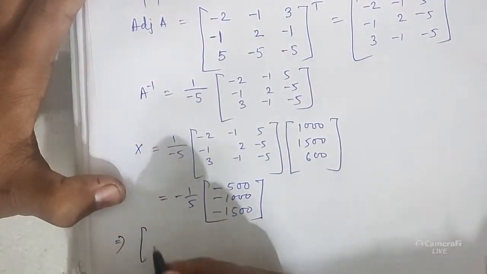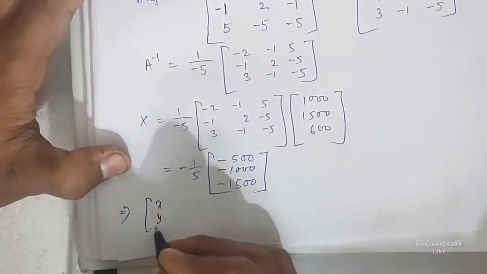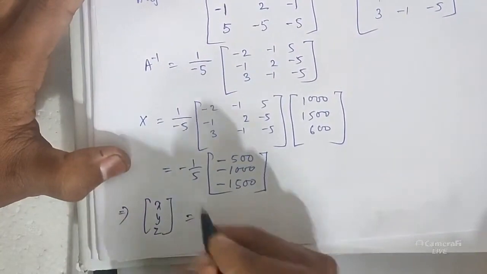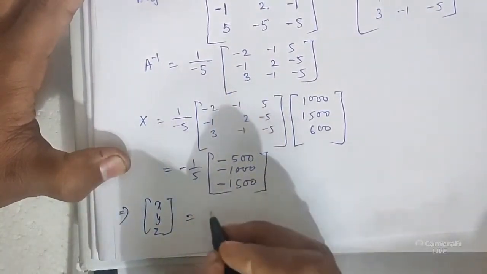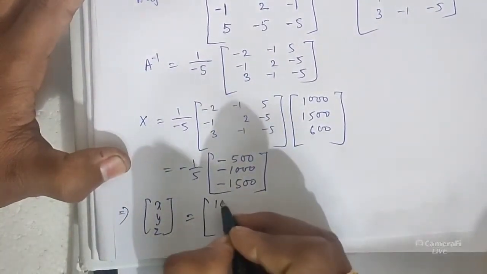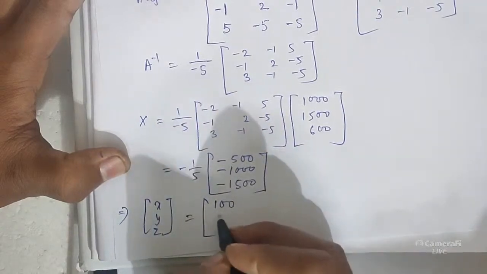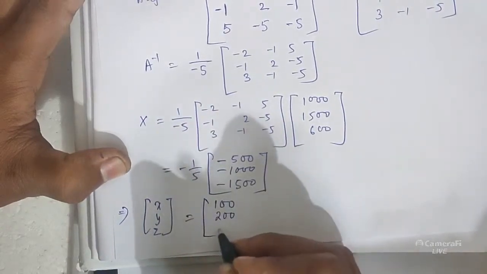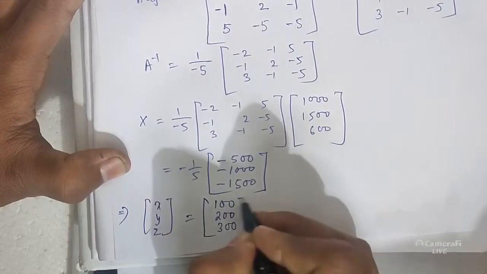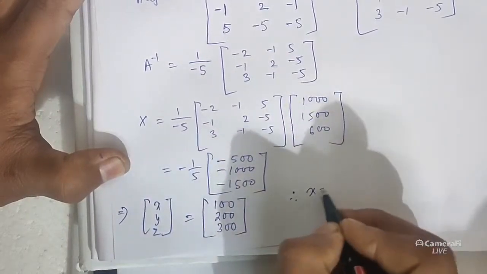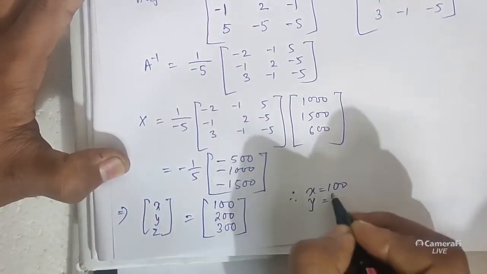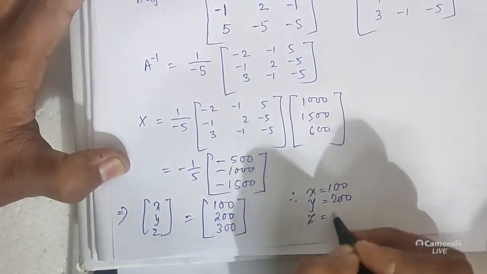If you divide by minus 5, you have 100 here, 200 here, and 300 here. Therefore x equals 100, y equals 200, z equals 300.